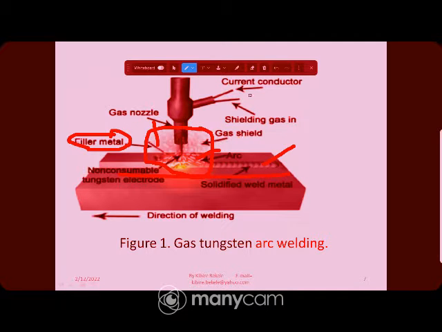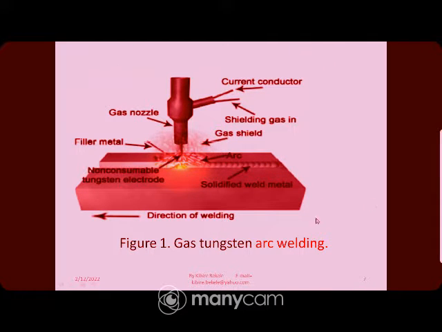Simply, the gas is supplied from the gas tank through the welding torch, and so it can protect this whole welding environment from air contamination. So this figure shows the arc formation in the gas tungsten arc welding process.